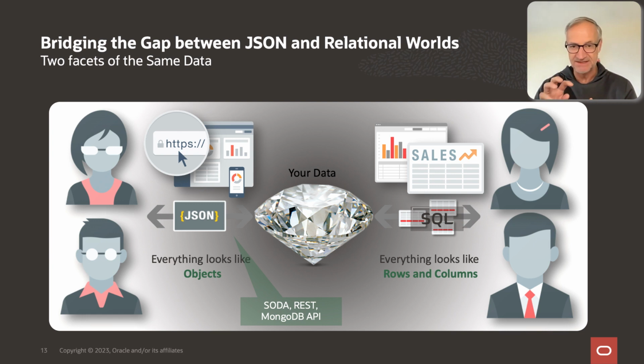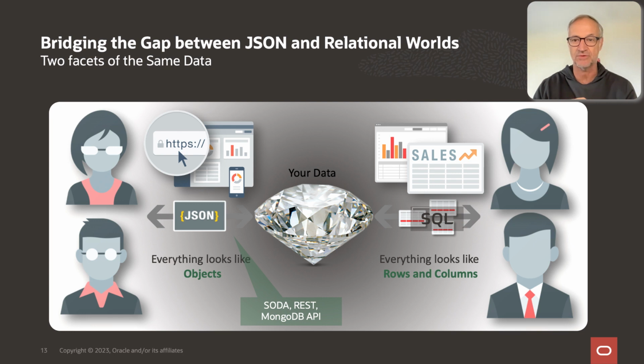The data is the center, and if someone wants to work with it from a document store perspective, where everything looks like a document, like an object, sure, you can do it. And if there's the more classical world, potentially tapping into analytics, where everything should look like rows and columns, you can do that. And you always work against exactly the same data set.